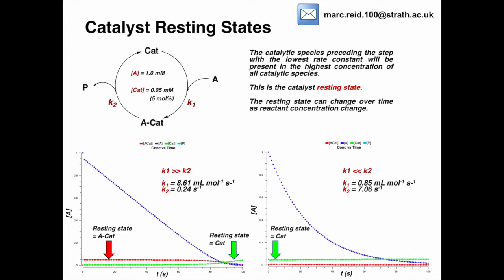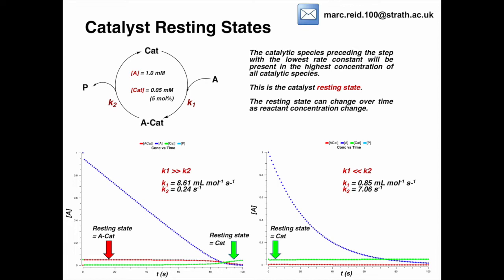In the alternative case where K1 is turnover limiting, the concentration of Cat is greater than the concentration of ACat. And because the first step is turnover limiting for the entire reaction in this case, the concentration of Cat remains higher than the concentration of ACat for the entire reaction.